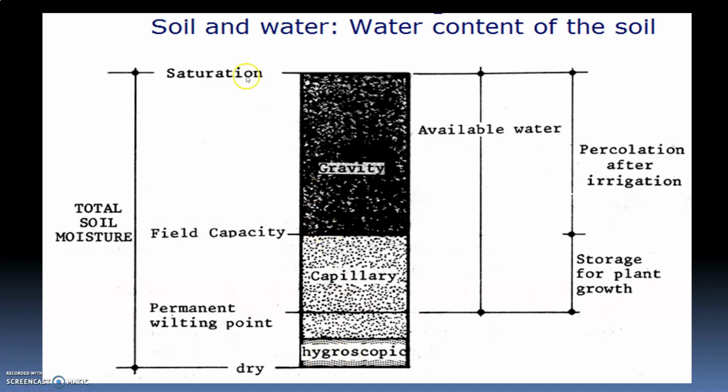From water saturation to field capacity, that portion is gravity water. Field capacity to the permanent wilting point is capillary water, and below that to the dry state is hygroscopic water. This is percolation after irrigation and storage for plant growth. This is the total soil moisture.